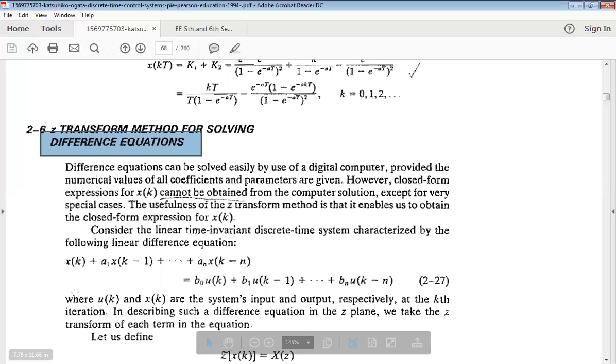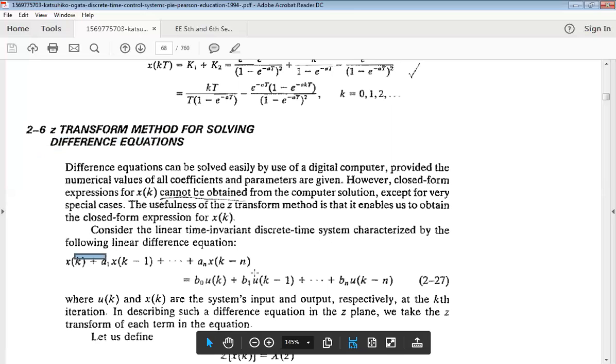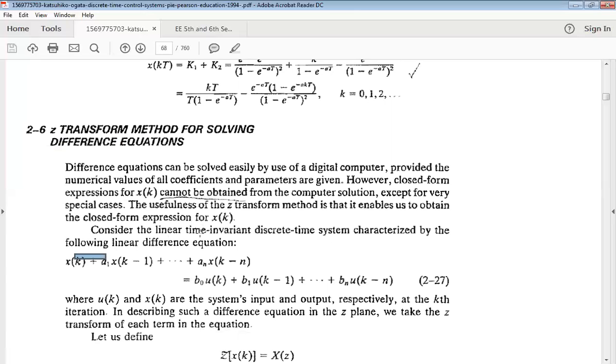So suppose x(k) is the output and u(k) is the input. So generally an LTI, linear time invariant discrete time control system, is characterized by linear difference equations.